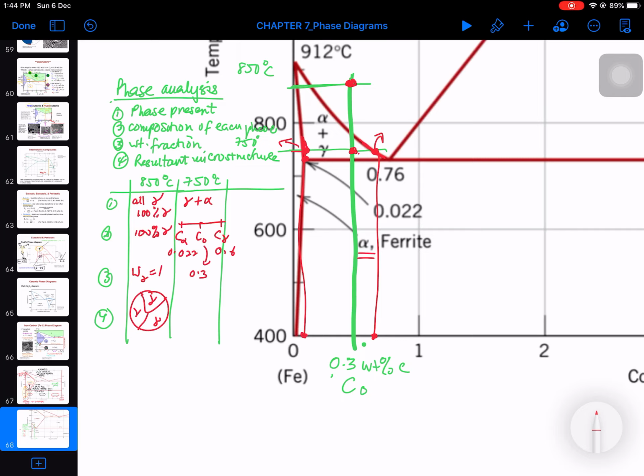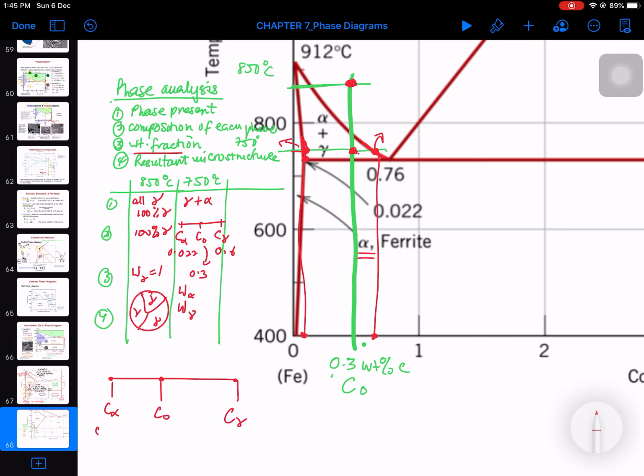Next, we have to get the weight fraction for alpha, and we also have to get the weight fraction for gamma. If we draw back the tie line, this is for C alpha, this is for C naught, and this is for C gamma.